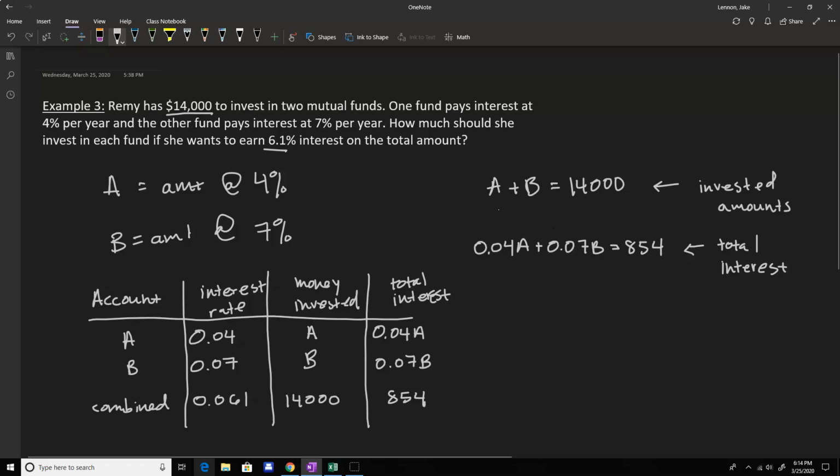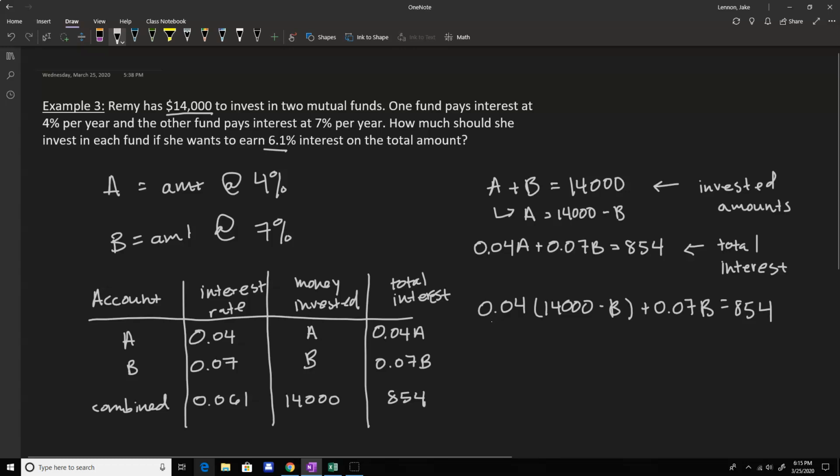So then, again, what we want to do is solve for one of the letters and replace it in the second equation. So let's just replace A. A will be 14,000 minus B. So we can replace A in the second equation and go ahead and solve that. So 0.04 times 14,000 minus B plus 0.07 times B will equal the 854 total dollars.